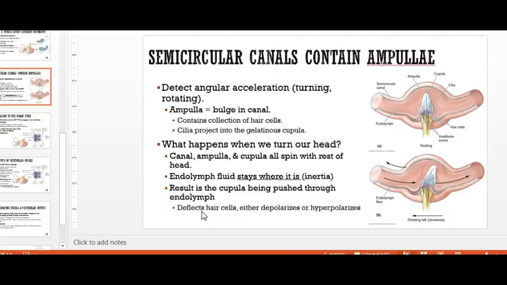Instead of at first getting a pretty dramatic difference between the fluid speed and your canal speed, I'll say the cupola speed, eventually you're going to get to a point, as you keep spinning, that the fluid in there is going at the same rate as the cupola. So they're no longer going to be pushing on the cupola anymore. You're basically going to be detecting as straight up and down, and so you won't really even perceive, at least through your semicircular canal organs, that you're spinning anymore if it's a really nice constant rate.